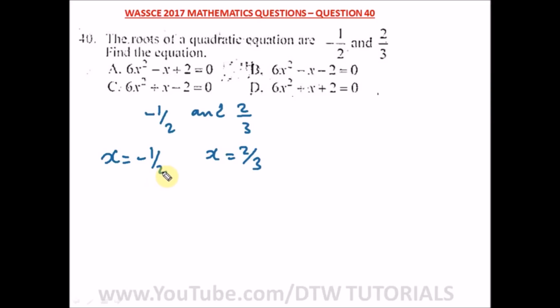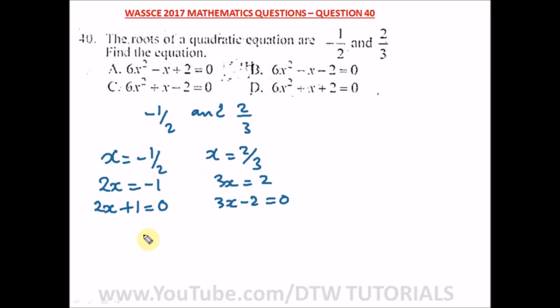From here, 2x is equal to minus 1, and 3x is equal to 2. So we have 2x plus 1 equal to 0, and 3x minus 2 equal to 0.